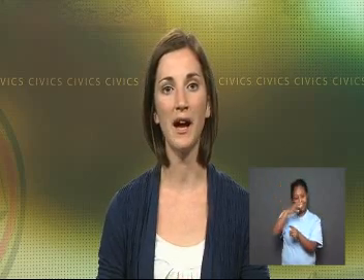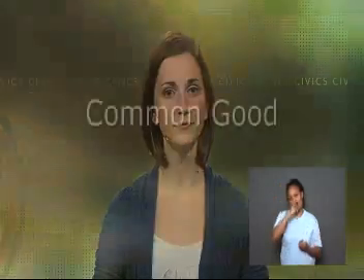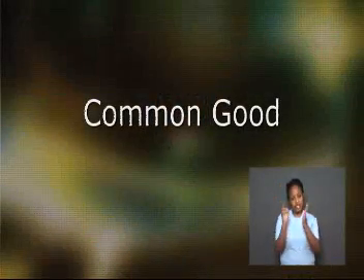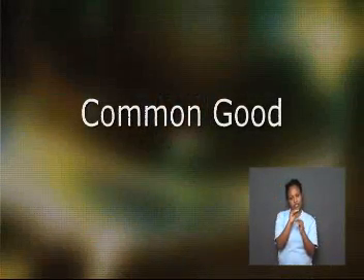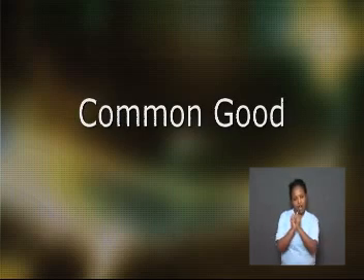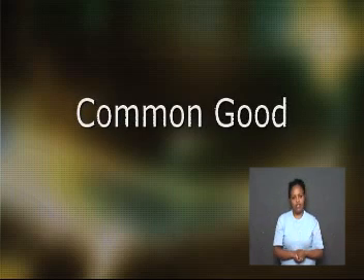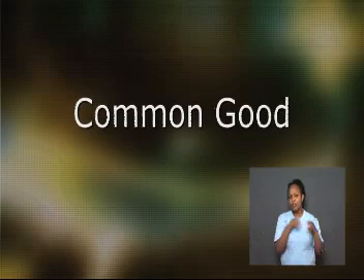Where there is no justice, the people do not feel secure, and they can start to fear their government and those in power over them. Rule of law promotes the common good. Students, what is meant by common good?